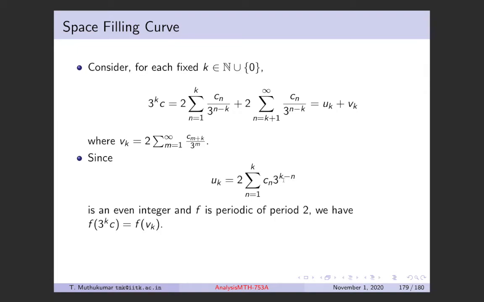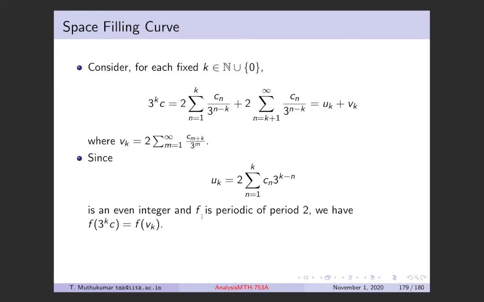So this is a number either 0 or 1, multiplied by 2, and this is an integer, 3 power some positive thing. So 2 times that integer will be an even number. So uk is always an even integer.